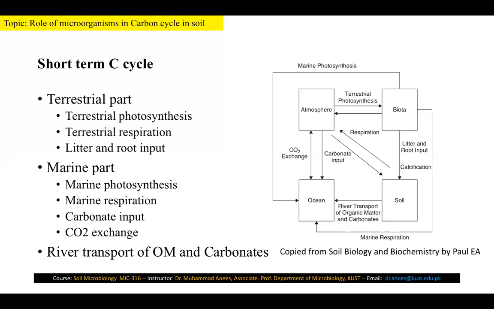So when we talk about the marine part of the carbon cycle, again, it has marine photosynthesis, then marine respiration, and in addition to that, the carbonate input, as we discussed earlier in this presentation, and carbon dioxide exchange.